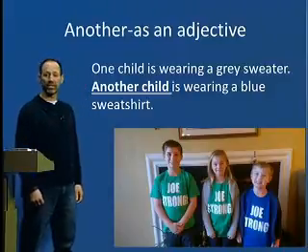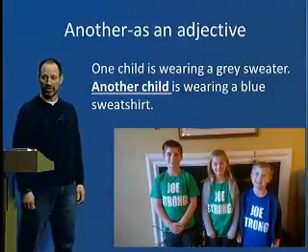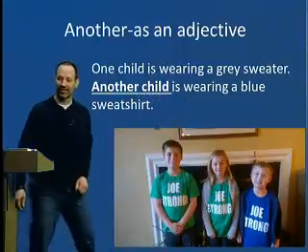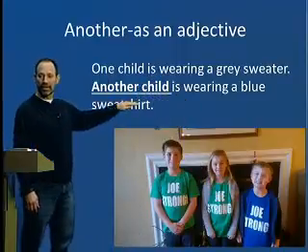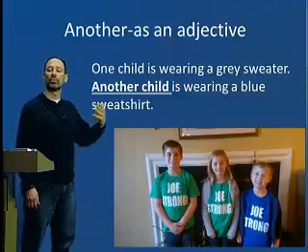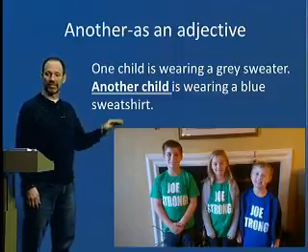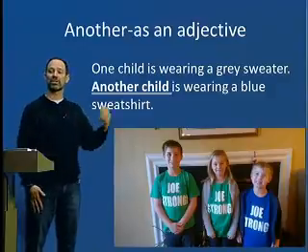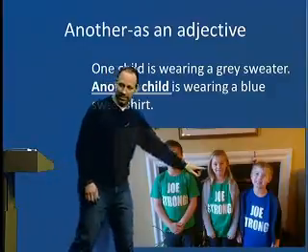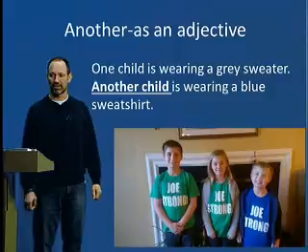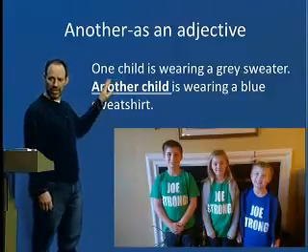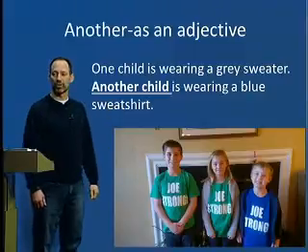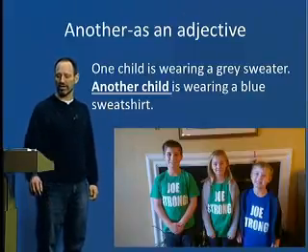Another child is wearing a blue sweatshirt. The blue sweatshirt right there. So I use another to show one more. It's important, there's 3 here, so it's not the rest of the group, it's just one more in addition to this one that I've already mentioned. So one child is wearing a gray sweater, another child is wearing a blue sweatshirt.